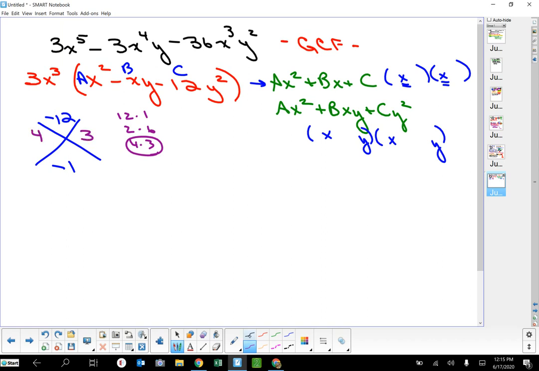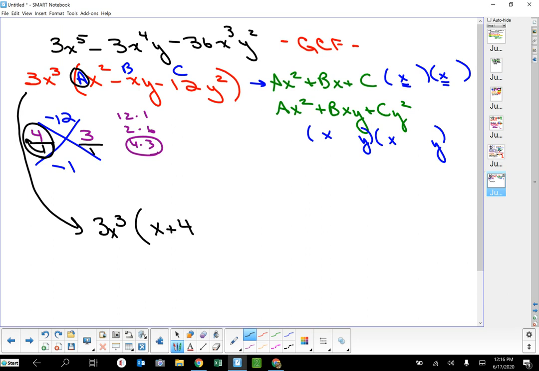Remember, we're going to divide by the a term, which in this case is 1. So divide by 1, divide by 1. And so the 3x cubed is going to come down. But now when this becomes your binomial, the 1 comes up and gets the x. So this is an x plus 4. That's normal. Now you're just going to toss a y on the end.